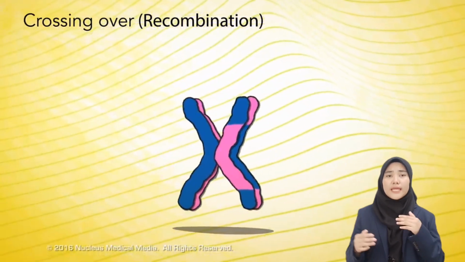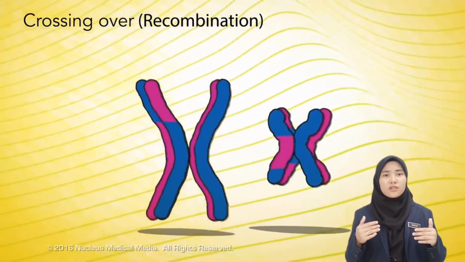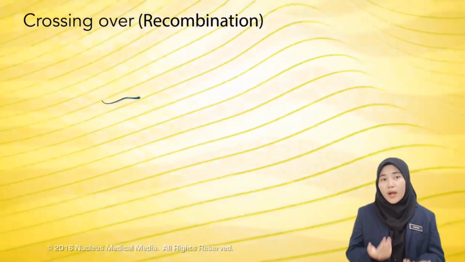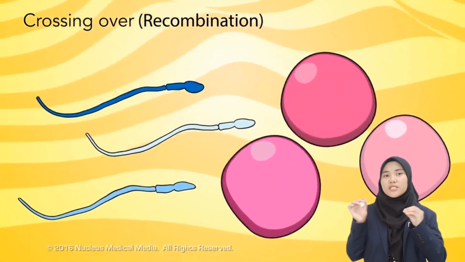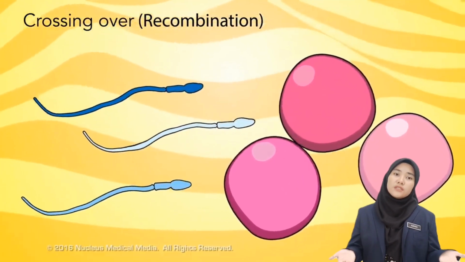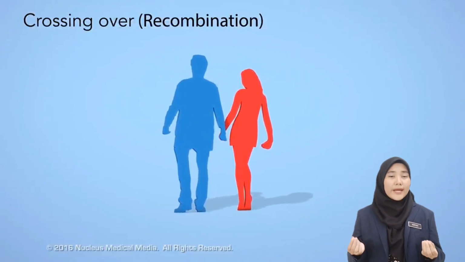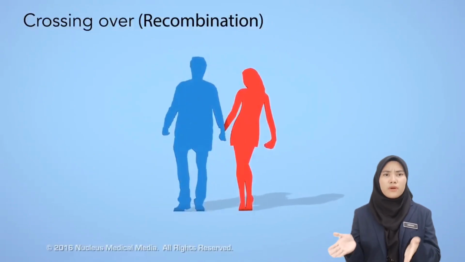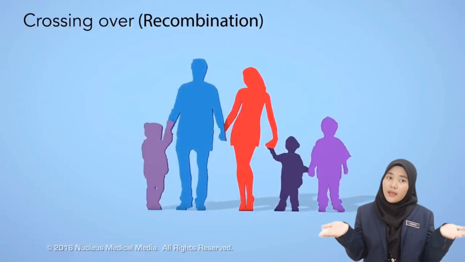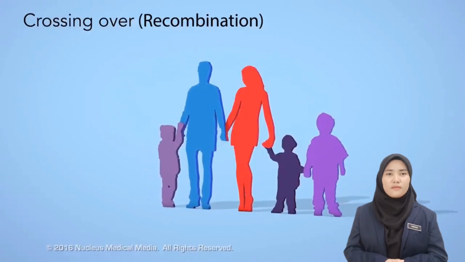Crossing over randomly happens on every chromosome, resulting in different gene combinations. This explains why every gamete is genetically different from every other gamete. Crossing over results in genetic variety of offspring. This is why children are different from their biological parents as well as from their biological siblings, just like us.